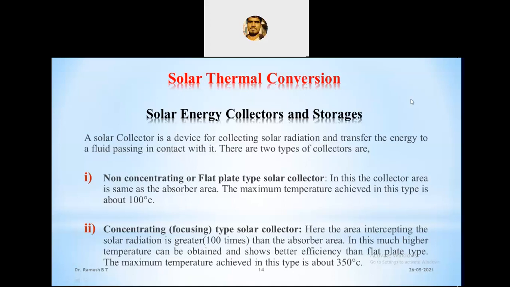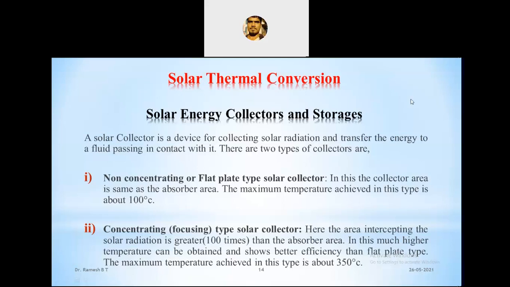If you go with the first one, the non-concentrating type, the collector area, meaning the area that intercepts the solar radiation, is the same as the absorber area. Means in the flat plate collector, the collector area is equal to the absorber area.